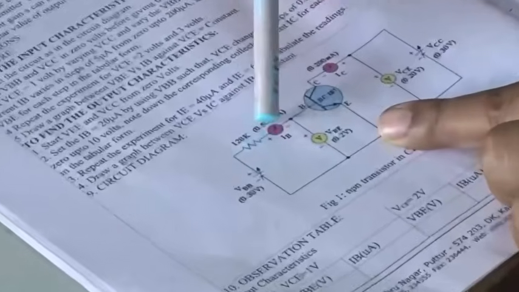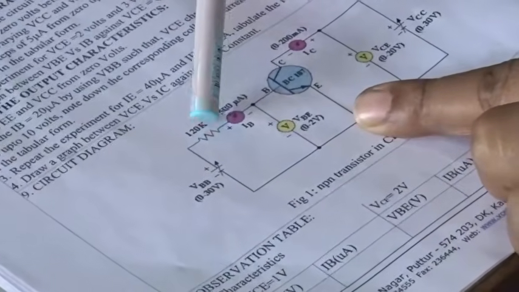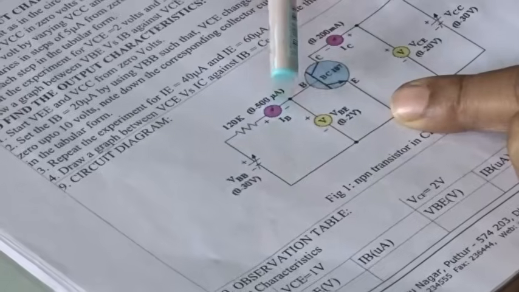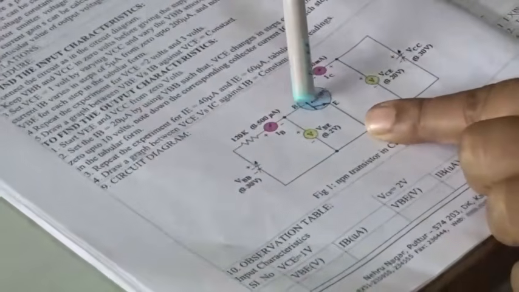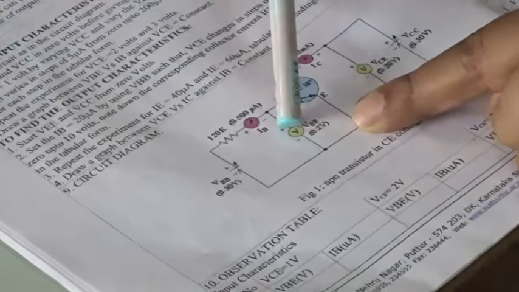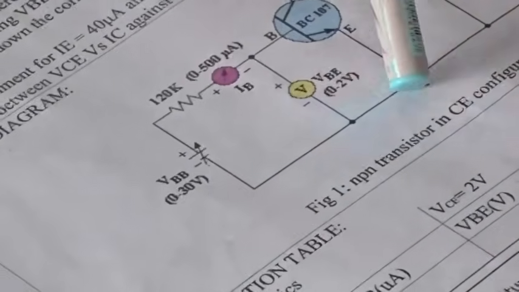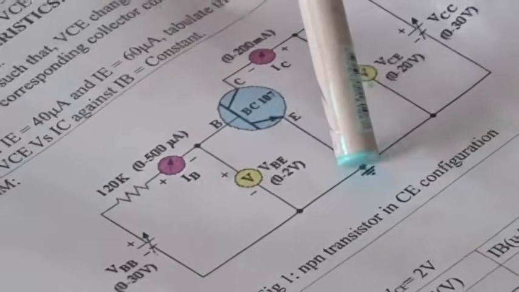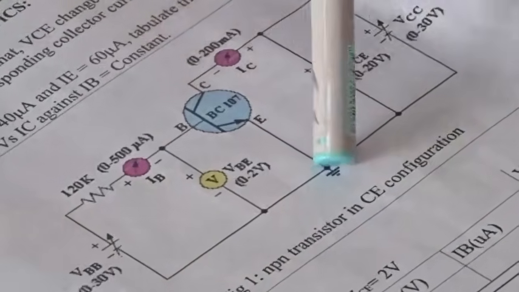The resistor's positive should be connected to the supply and the resistor's other end to the ammeter positive. The ammeter negative should be connected to the base, and from the base again the voltmeter positive, with the negative connected to the emitter. This emitter terminal is common, so this is the common point, the ground point.